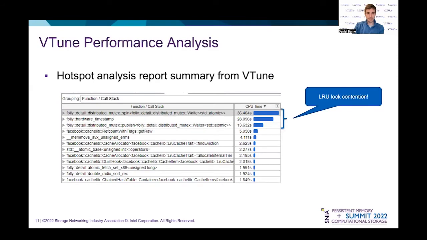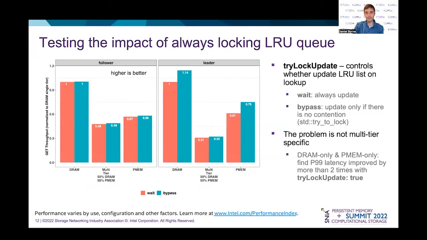When we looked at VTune, we used the hotspot analysis, and this is just a snapshot of our report summary that we got. We saw that the spin mutexes are waiting a significant amount of time, and we tracked this down to the LRU locks. We saw that there's a high amount of LRU lock contention, and so we thought, hey, let's do whatever we can to reduce the lock contention.